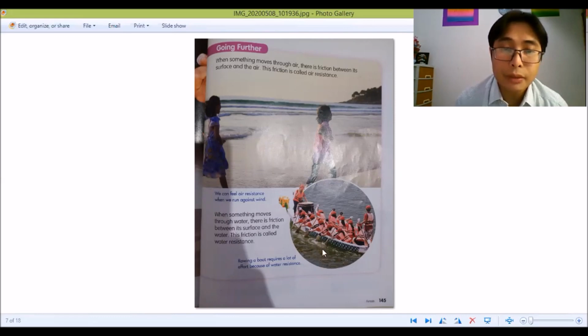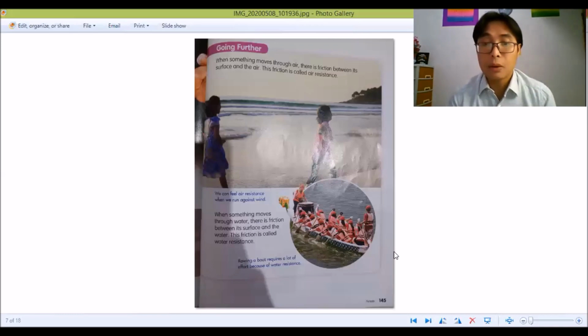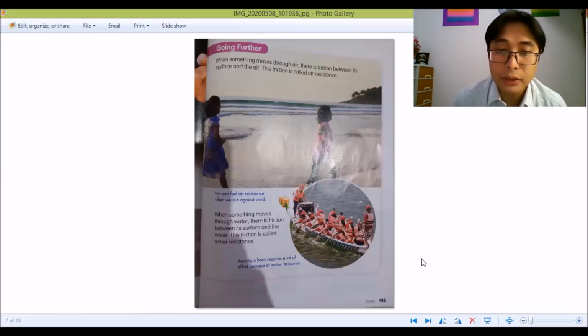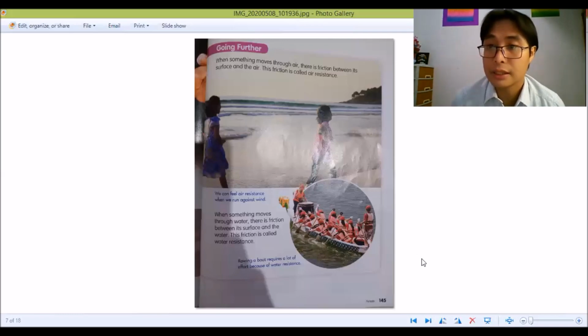When something moves through water, there is friction between its surface and the water. This friction is called water resistance. That's why we can feel air resistance when we run against the wind. And if you try to row a boat, it requires a lot of effort because of water resistance.